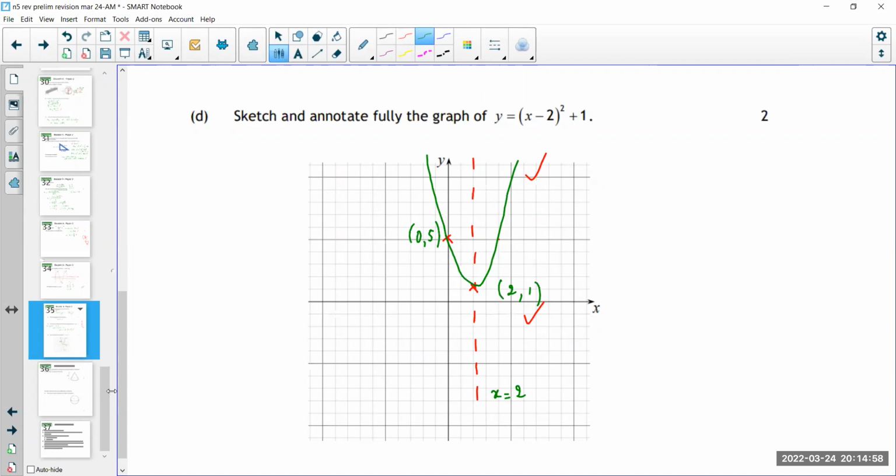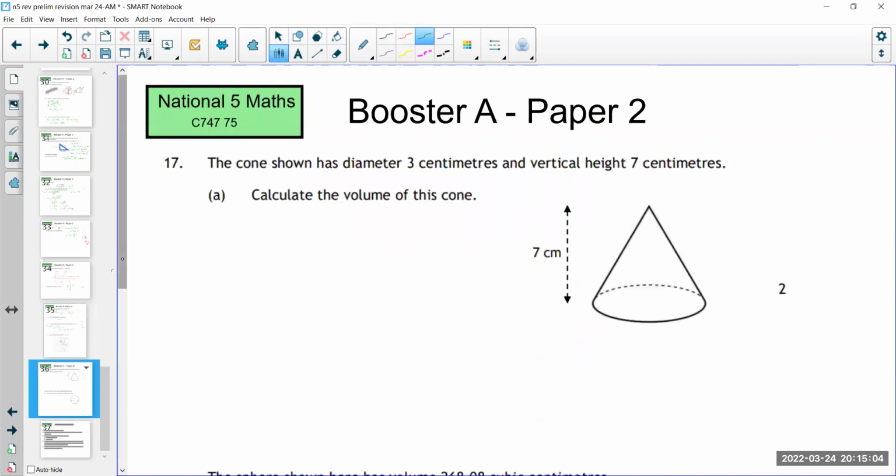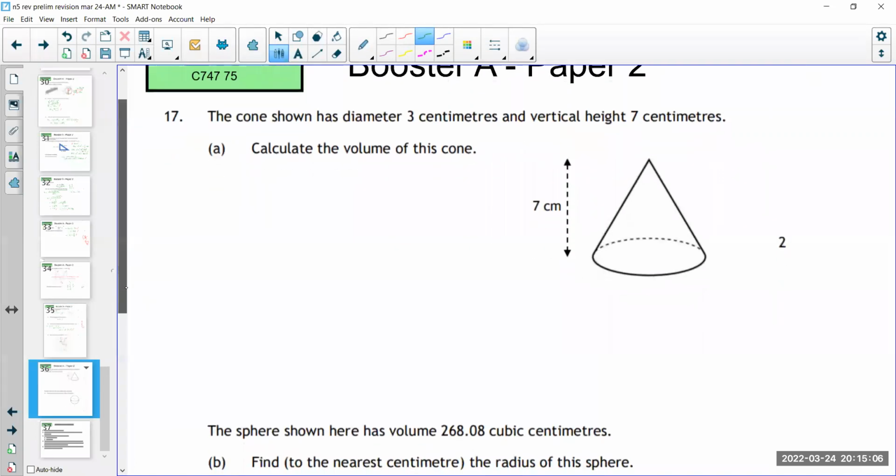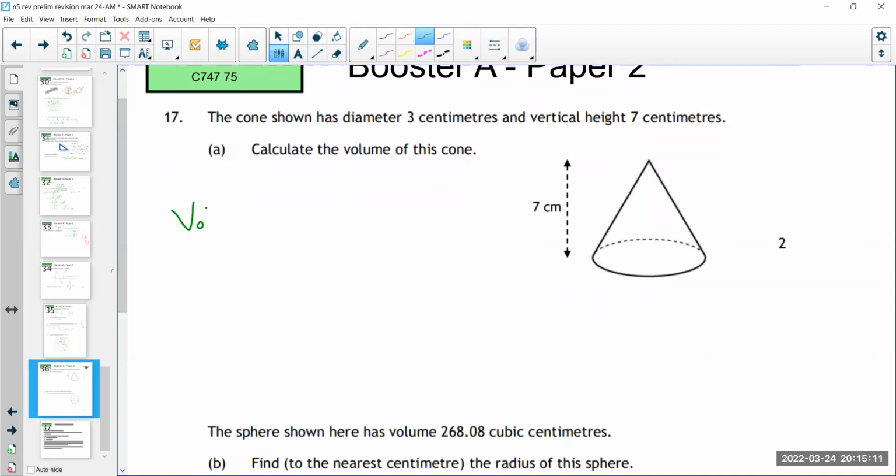Any question on this one? Which means we can go to the last one. Calculate the volume of a cone. So again, you would look at your formula sheet. Volume is 1/3 pi r squared times h. 1/3 times pi times r.